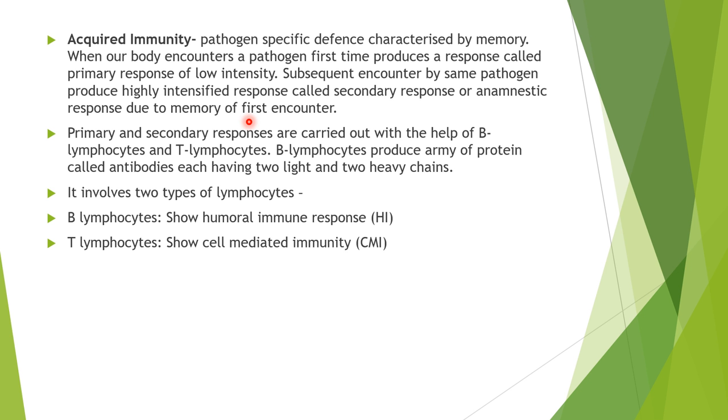This acquired immunity develops after birth, and the primary and secondary immune responses are carried out with the help of two lymphocytes. First is the B lymphocyte and second is the T lymphocyte. The B lymphocyte produces specialized proteins called antibodies in response to pathogens to fight them, and T lymphocytes help B lymphocytes to produce the antibodies.